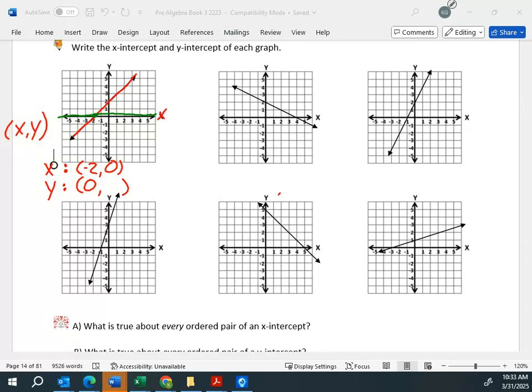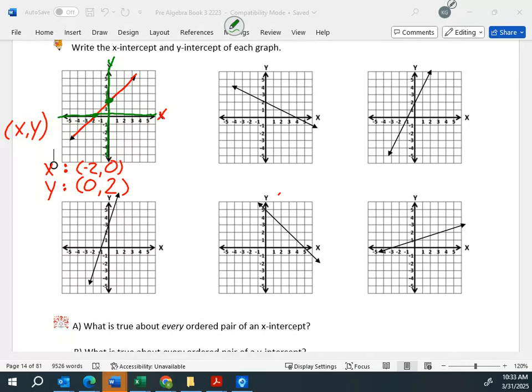So what am I going to fill in for my y-intercept? Doctor? A +2, because my y-intercept is up here, the y-axis is here. And if I follow it down, that line crosses it right at the 2.